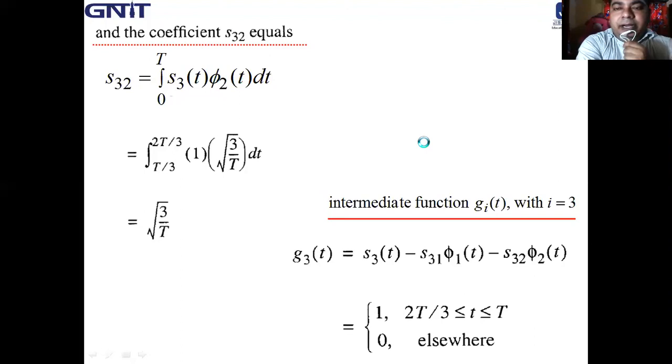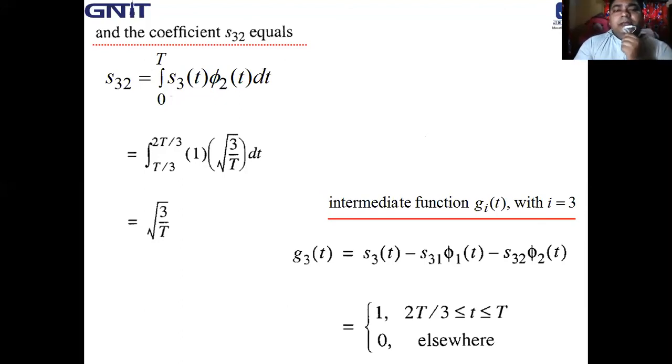Now the intermediate function Gi(t) with i equal to 3, that is G3(t), is equal to S3(t) minus S31 phi 1(t) minus S32 phi 2(t).